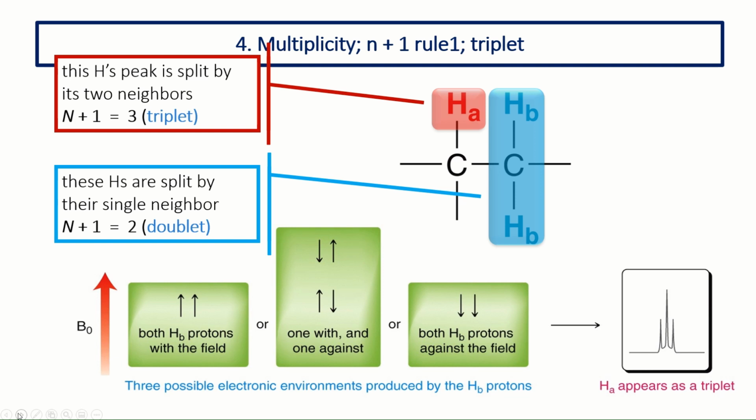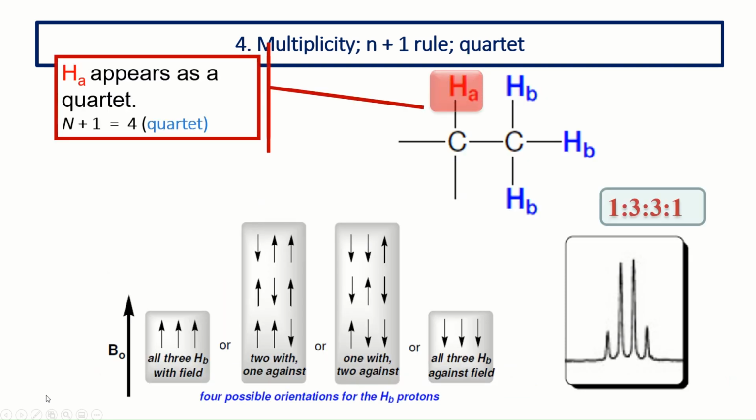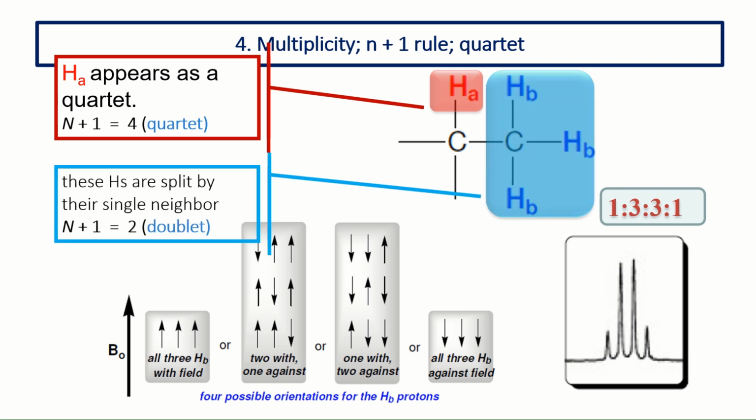There are 2 degenerate species with the field, and 1 against and 1 with the field, and 1 against the field. Those probabilities realize a 1 to 2 to 1 peak, i.e. a triplet. And of course, you now have HA next door to 3 HB protons, and so we end up with a quartet.